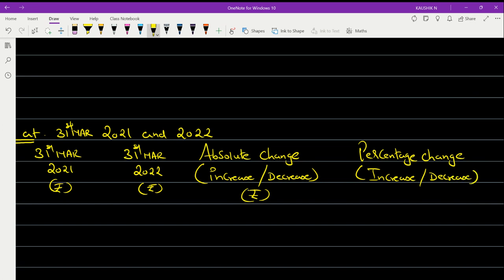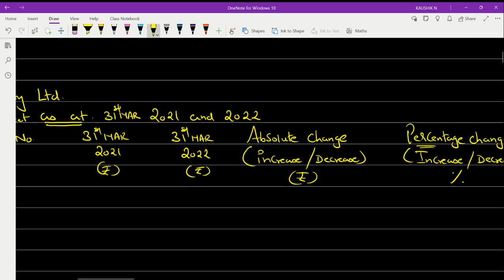You have to mention this. If you fail to mention these words, obviously marks will get curtailed. Here you are going to find out the percentage change, so this column should be with the percentage symbol. Is it clear to you? Yes, sir.